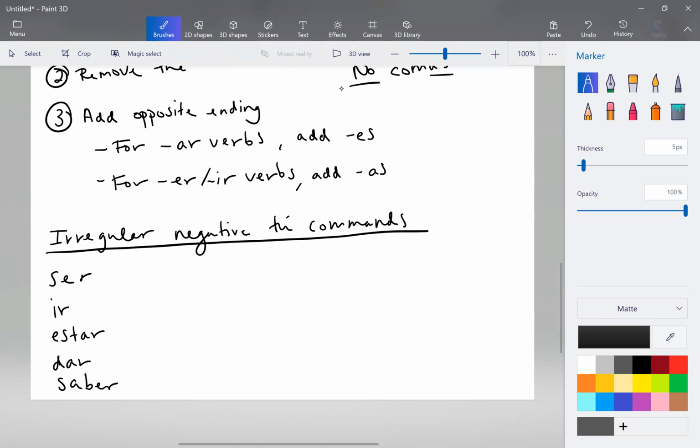Ser, ir, estar, dar, and saber. Can anyone remember what any of those irregular commands looked like?